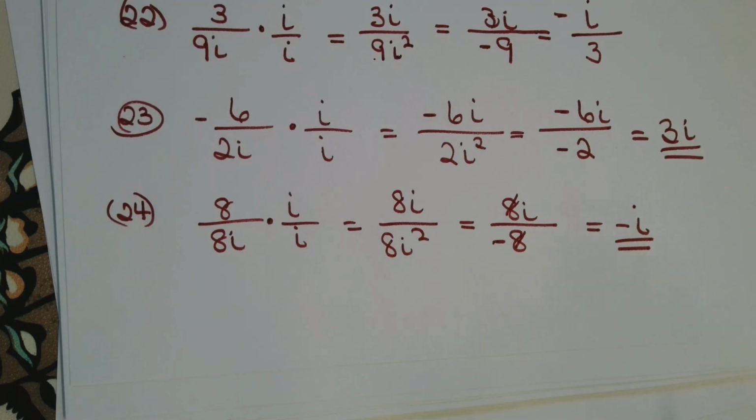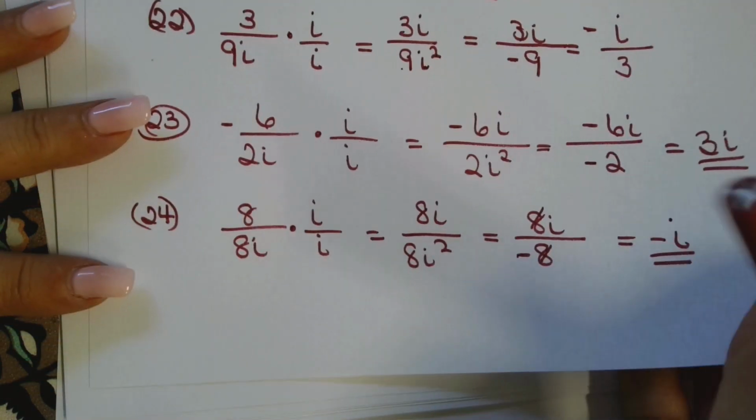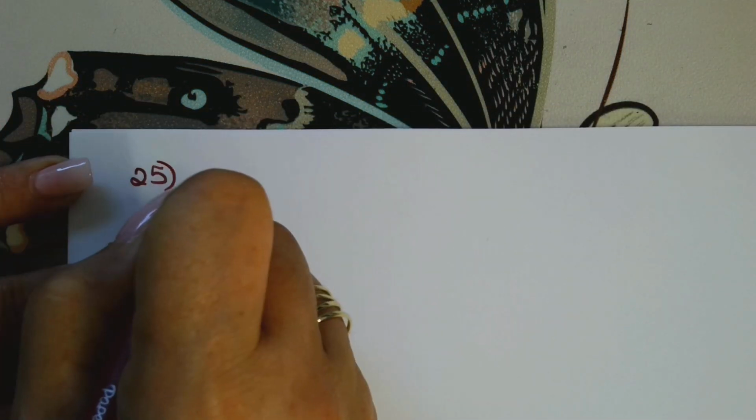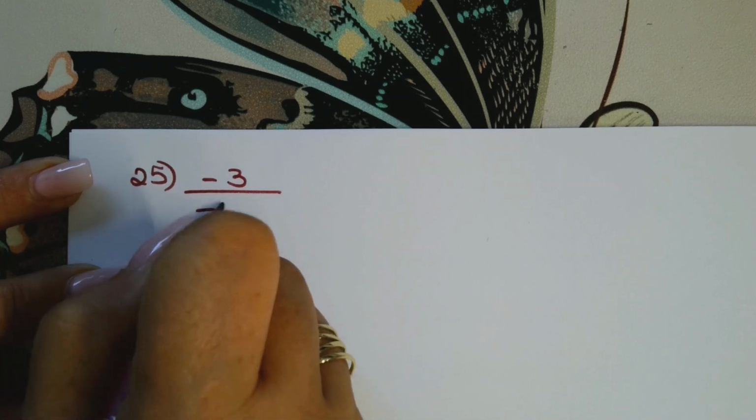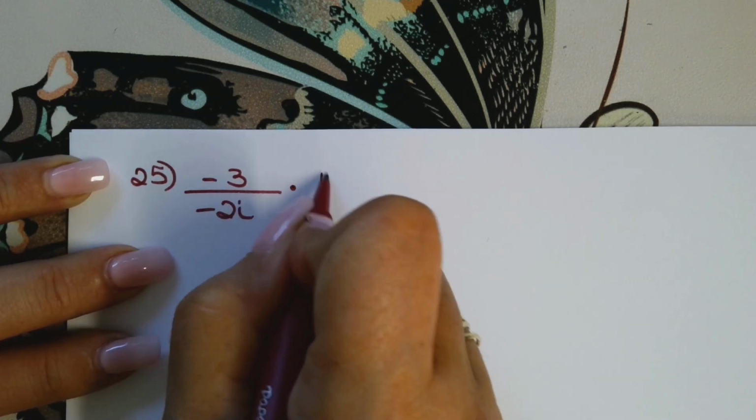Moving on to the other side of the page, number 25. Here we have negative 3 over negative 2i. Once again, we have to rationalize it.